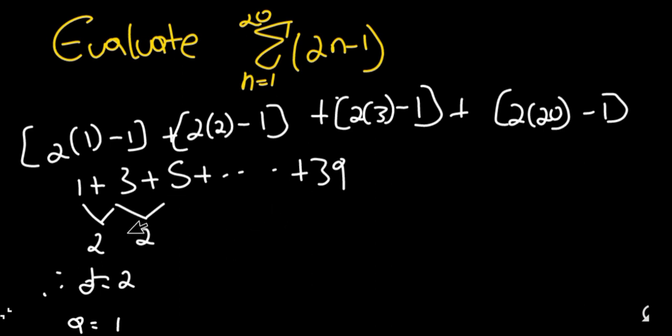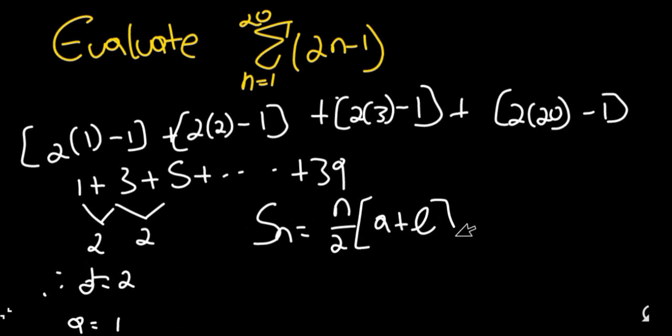In an arithmetic series, if the last term is known, you can use this formula to determine the sum of the series: n over 2 times the first term a plus our last term, where n is the number of terms we are adding in this series.